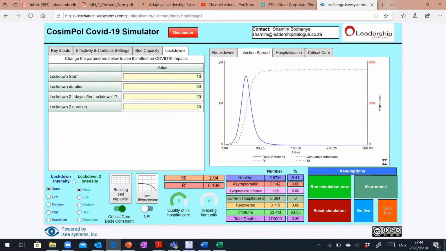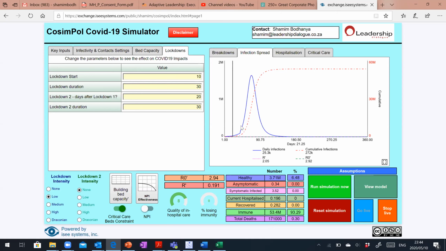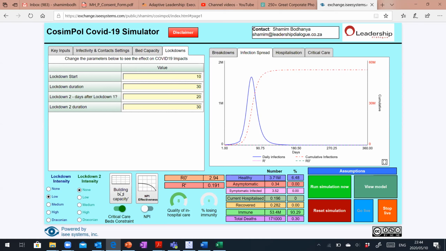So if we just work with lockdown 1 with a start of 10 days from the start of the simulation and a duration of 30 days, and if I select low, we will then go live, and you'll see that from none to low, the impact of the lockdown is it's brought the deaths down by a marginal number, and it's essentially phase shifted the peaks, and it has brought the peaks down a little bit. If I go to a medium intensity, again, we can see the impacts, not a huge difference.